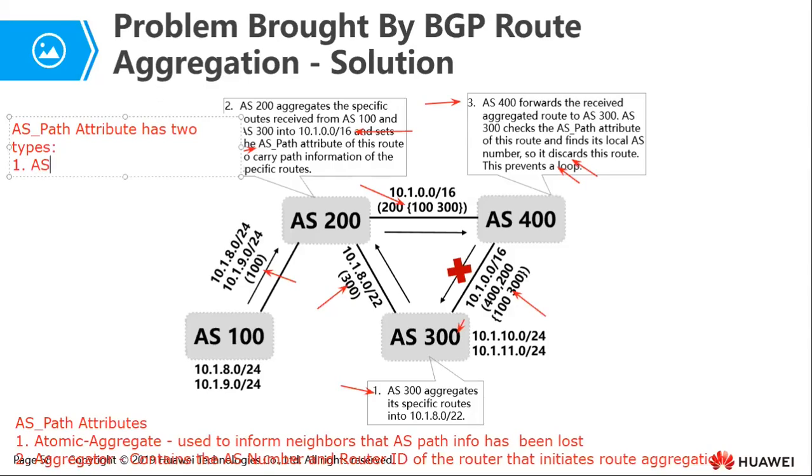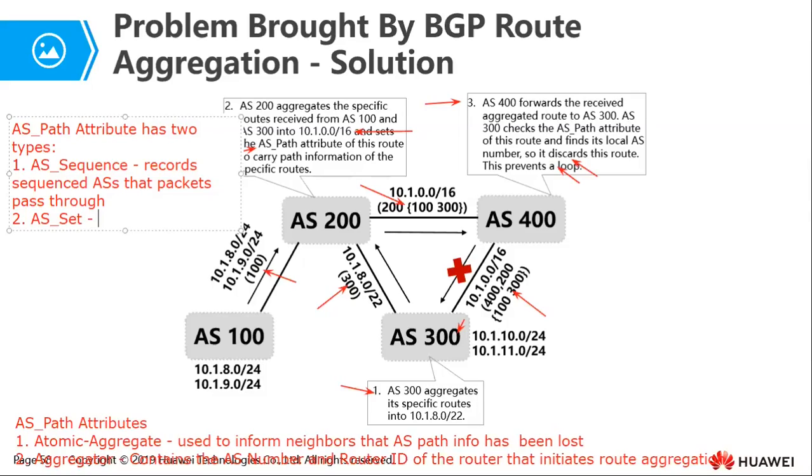The first one is called the AS sequence, so that you can understand how that 100 and 300 are carried. And the second one is called AS set. The AS sequence records sequenced ASs that packets pass through.